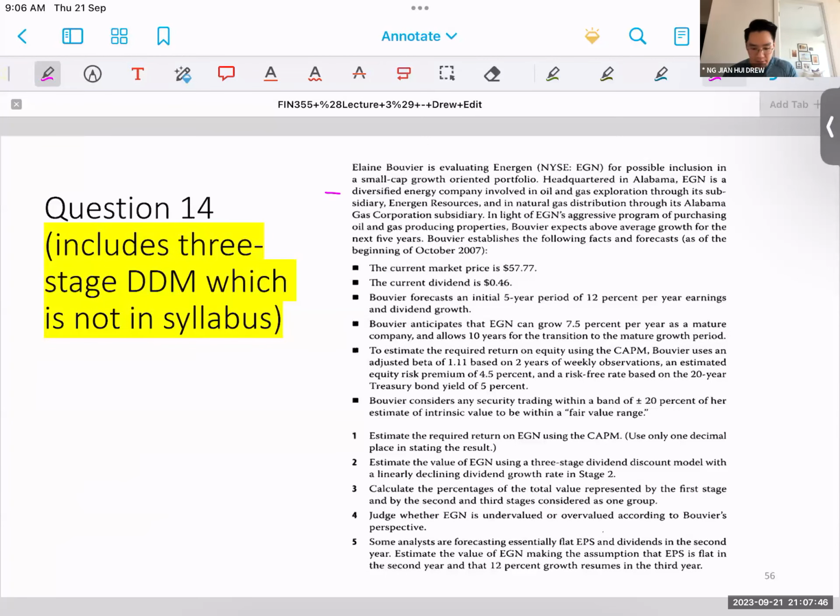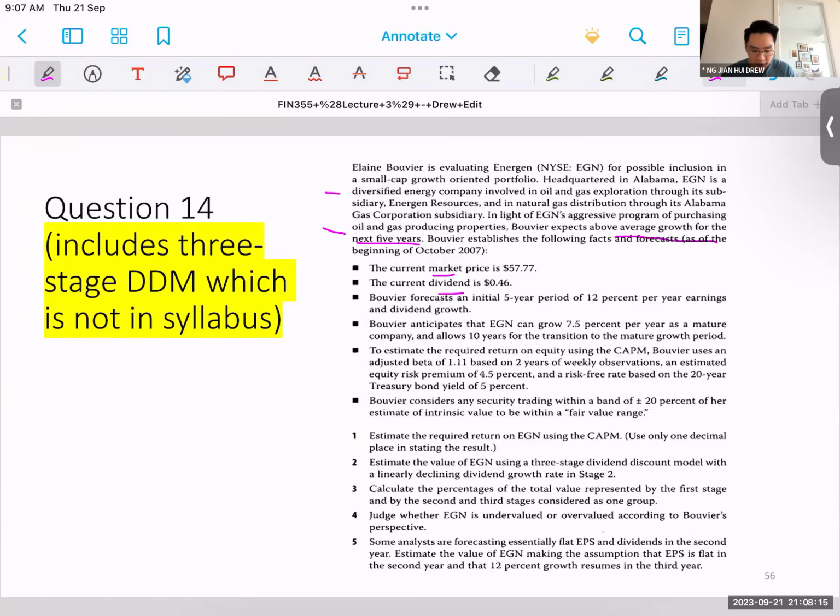In light of the aggressive program to purchase oil and gas production properties, the portfolio manager expects above average growth for the next 5 years. Okay, so this is important, above average growth for the next 5 years. And he does a forecast as given here. Okay, so you have a current market price of this. And current dividends of this. Okay, fine.